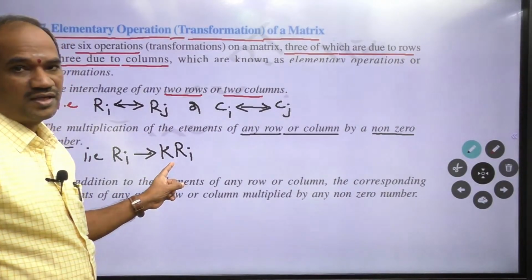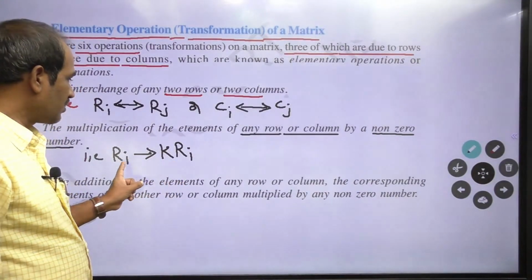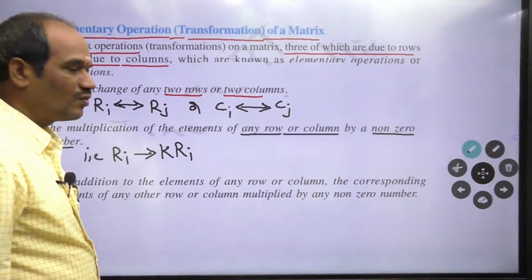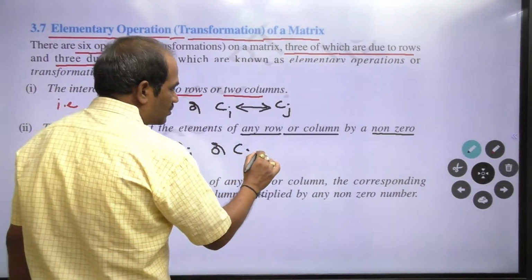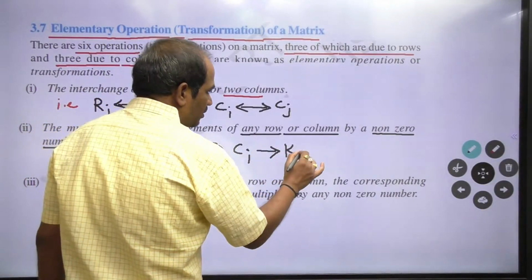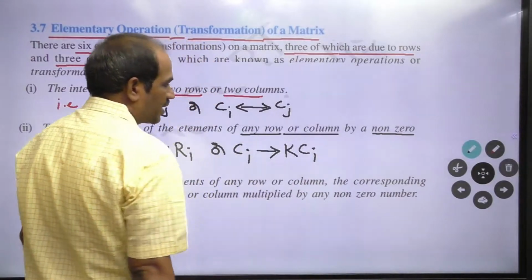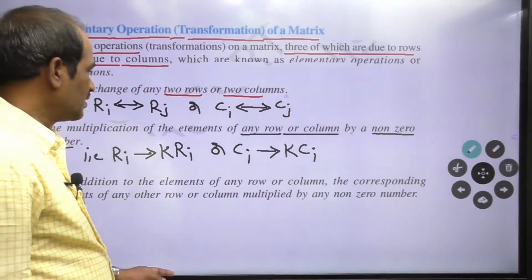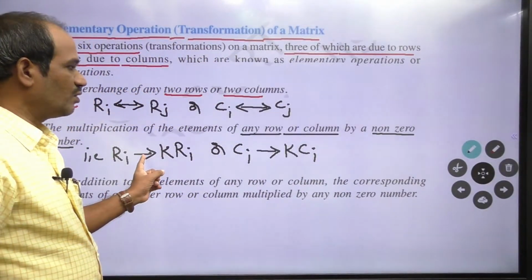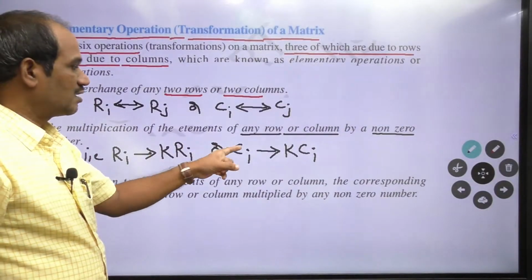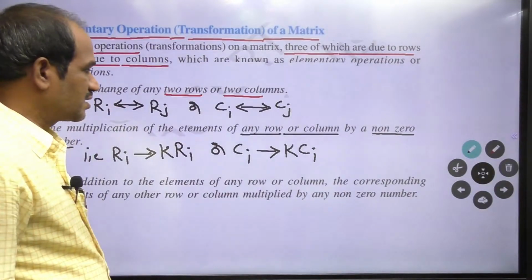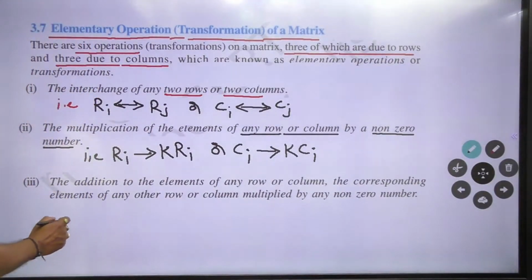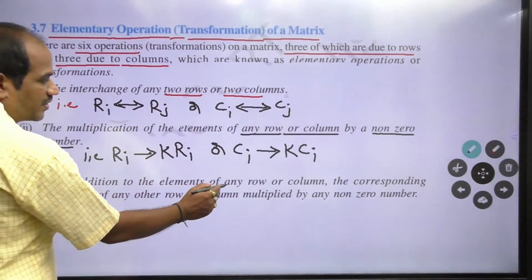Or the same for a column: Ci goes to k into Ci. Apply any one: take a row and apply the row operation, or take a column and apply the column operation.